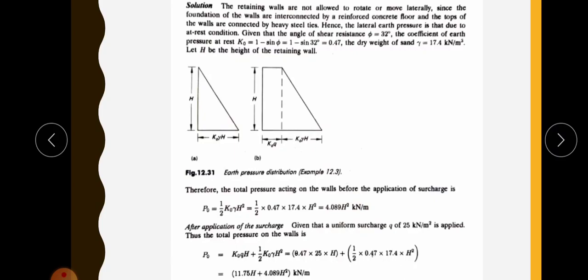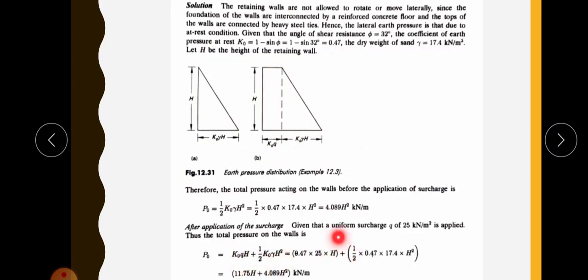So in the second case, we have to find out the value of the total earth pressure after the application of surcharge. For that we have to draw the variation diagram. Since the surcharge weight is the same, it's a rectangular variation, that is K naught into Q, and you have to add this area with this area, that is K naught into Q into H plus half K naught gamma into H square.